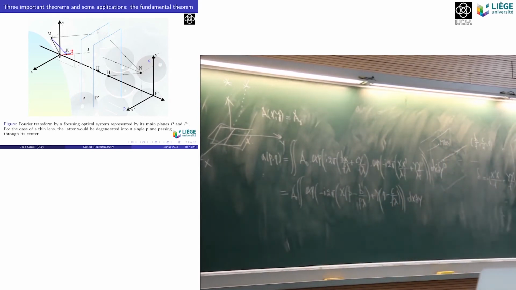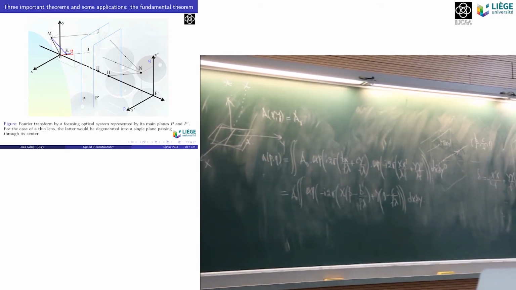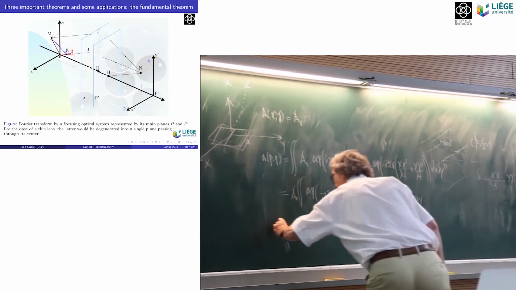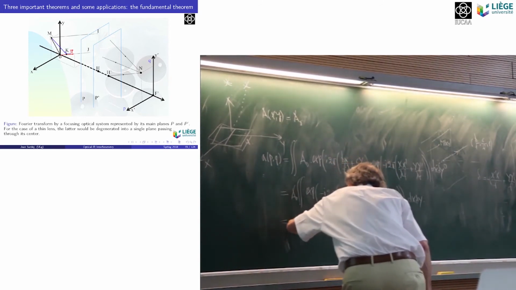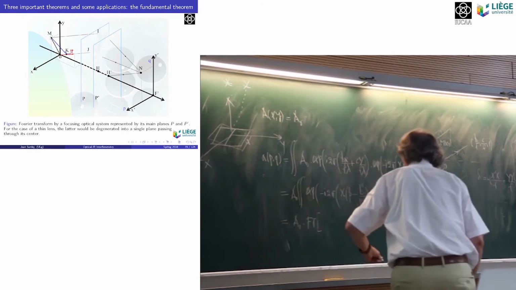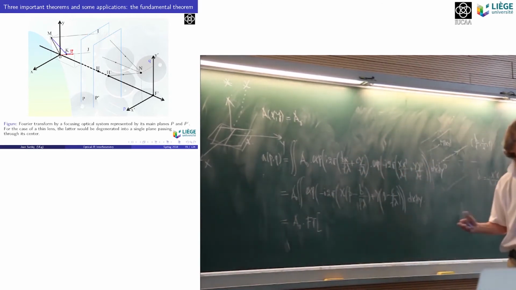And I find that this is just A0 times the Fourier transform of the square aperture as before.